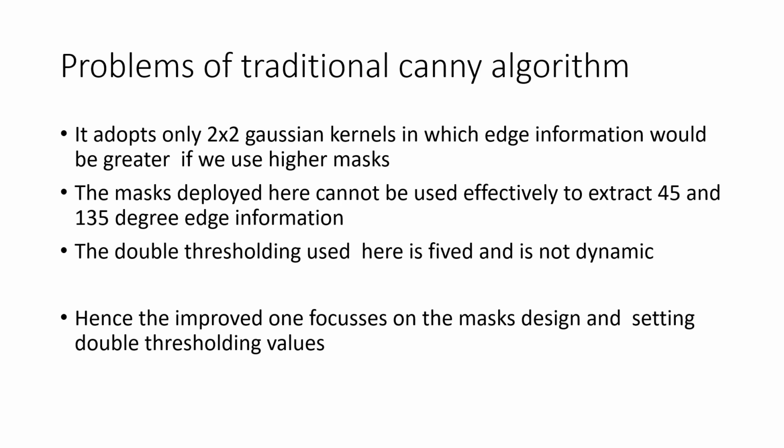Hence, this paper introduced the concept of gravitational field intensity to replace the image gradient and proposed two adaptive threshold selection methods for the two kinds of typical images.